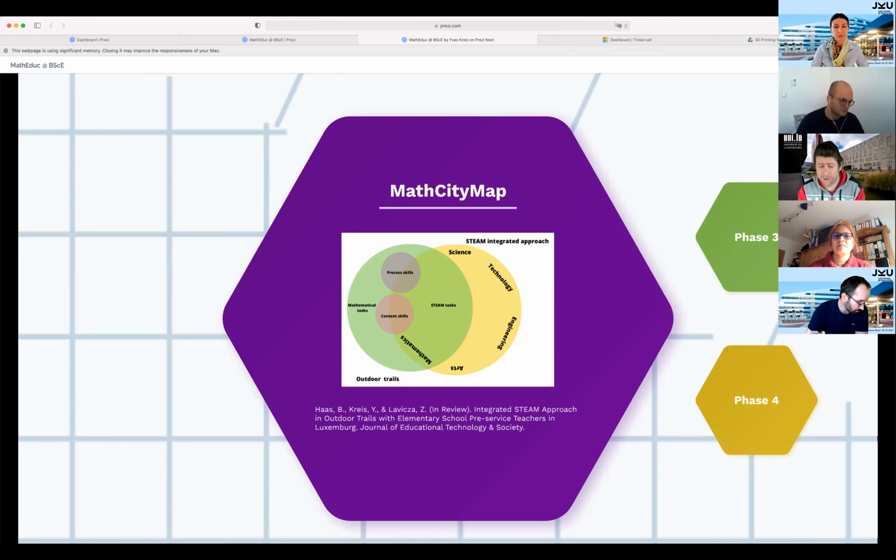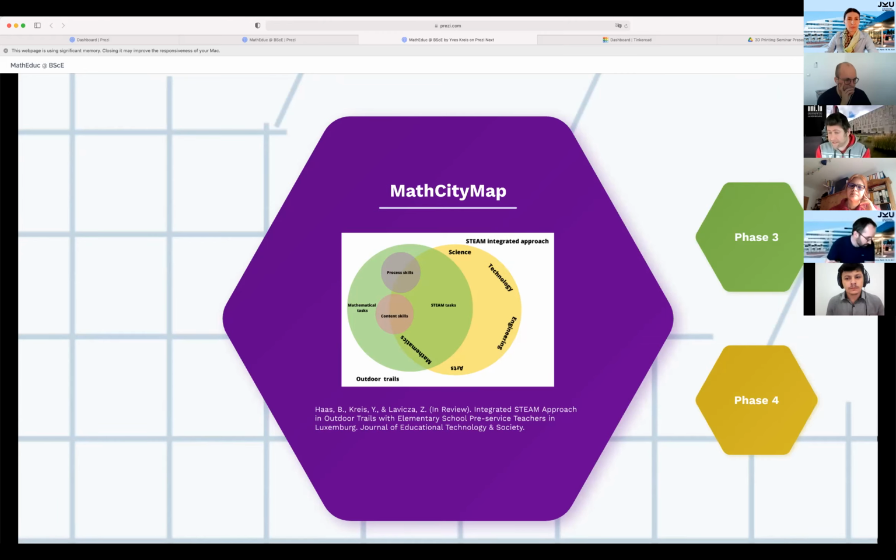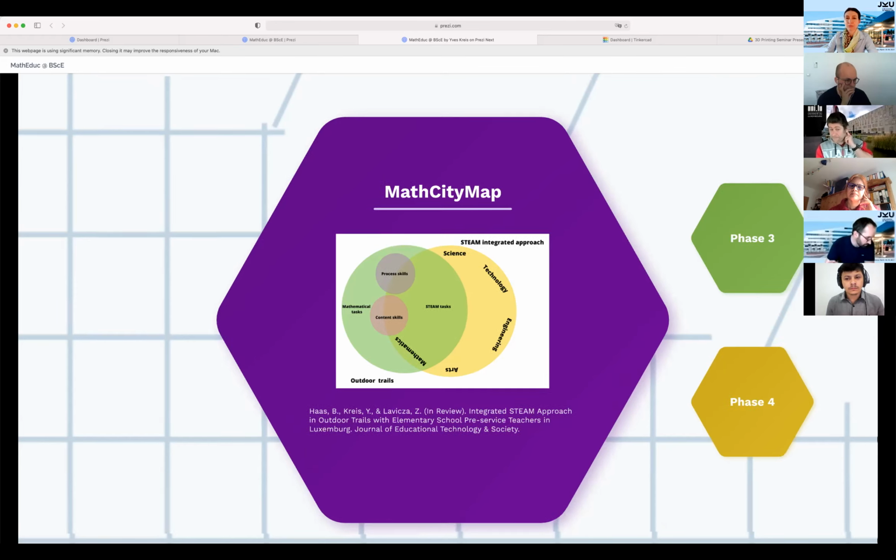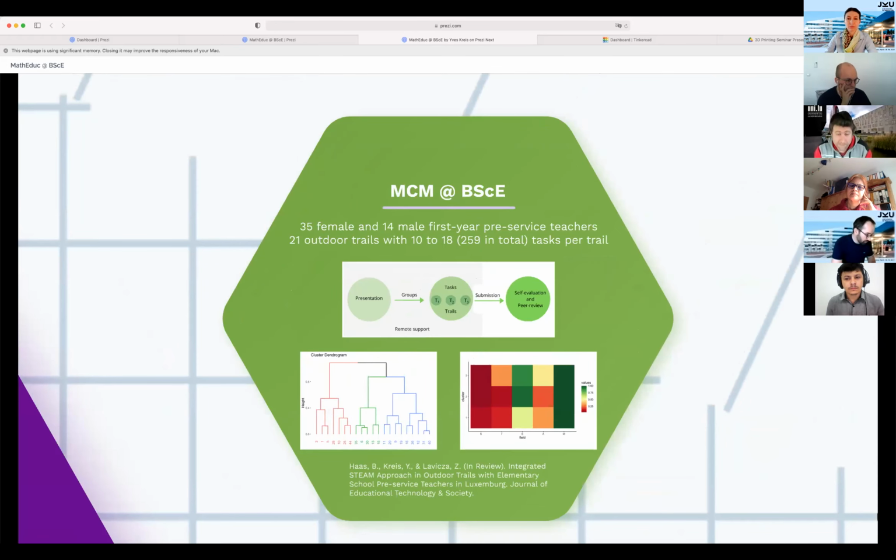So they were embedding a little bit of science, but a lot of technology, engineering, and at least some creativity from arts in these tasks. In our project in phase 3, we found this out using cluster analysis.